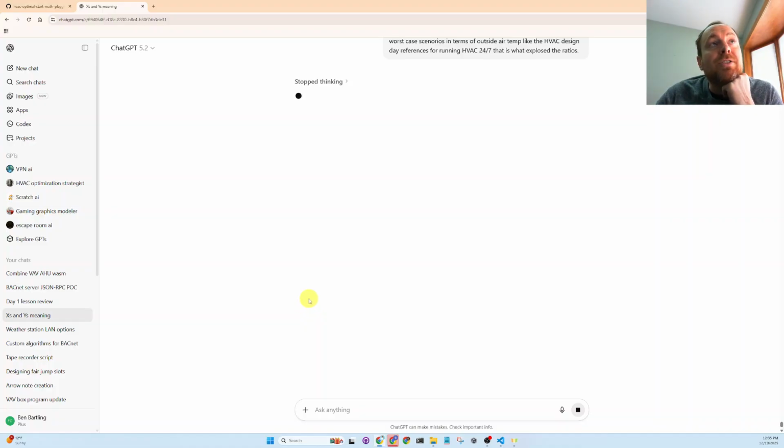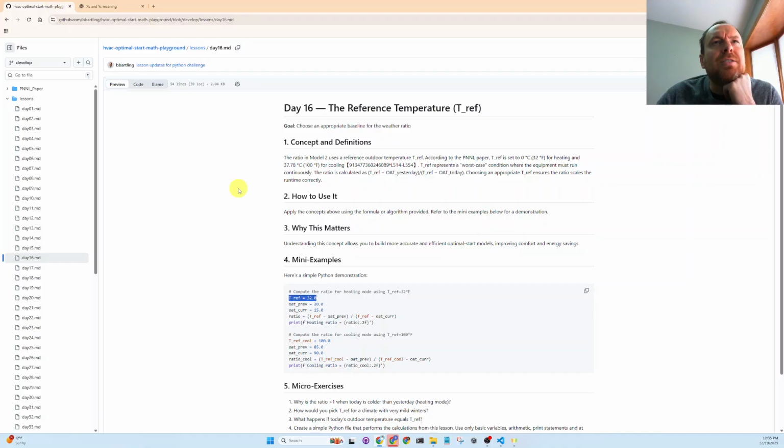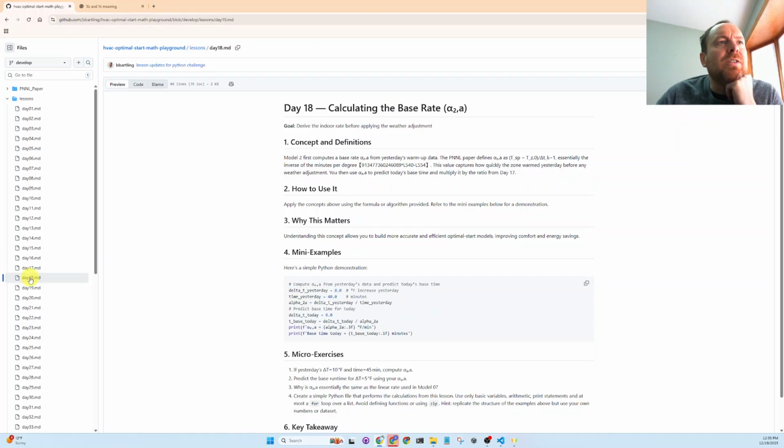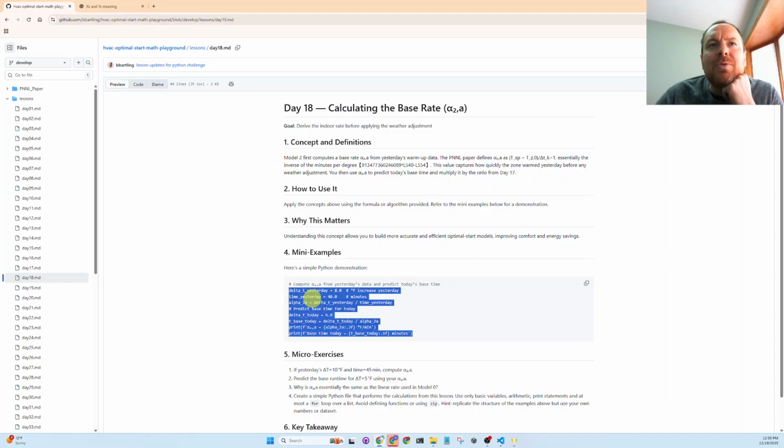I think this might be a good day to stop, just because we're getting onto day 18. Maybe we can put a little bit more time into computing the ratios and then doing the alpha A, alpha B parameters.